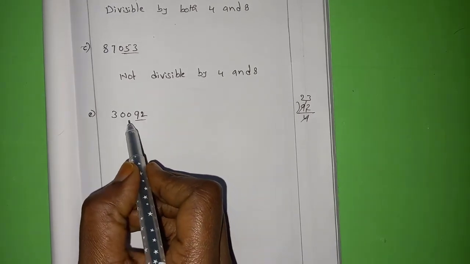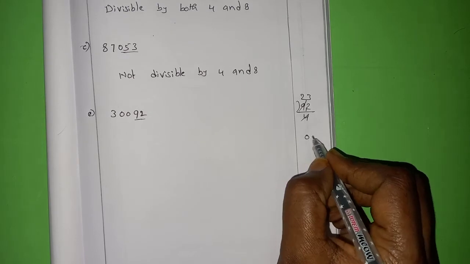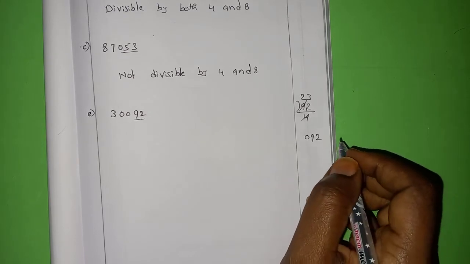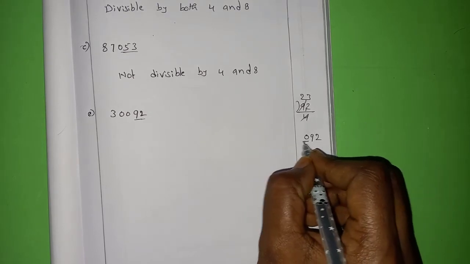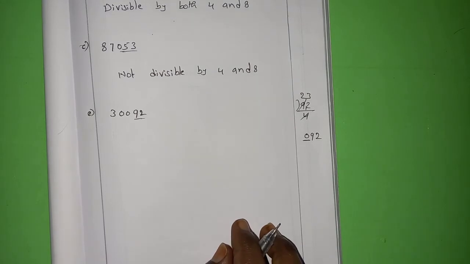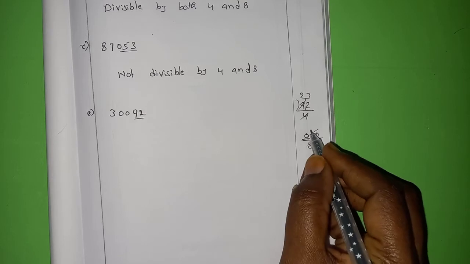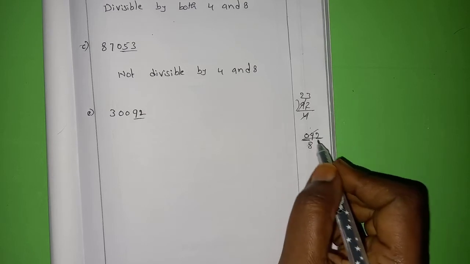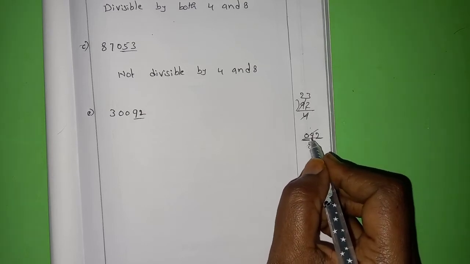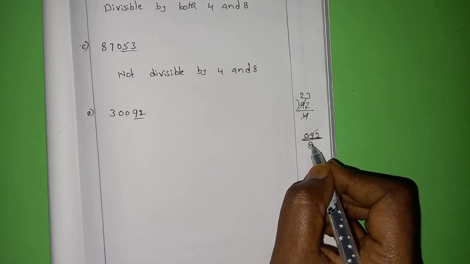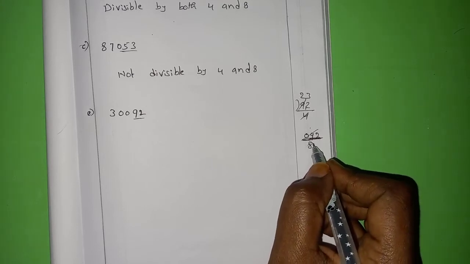To check whether the number is divisible by 8 or not, we have to take the last 3 digits. Here they gave 0, and 0 means you cannot even calculate this. So you have to take it as 92 only. You just check with the last 2 digits now.